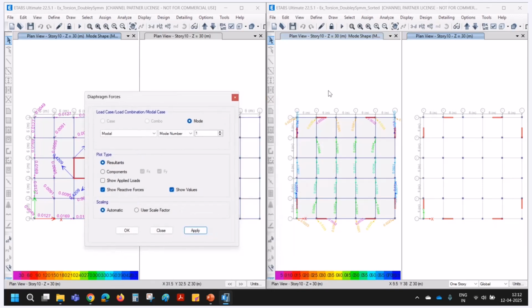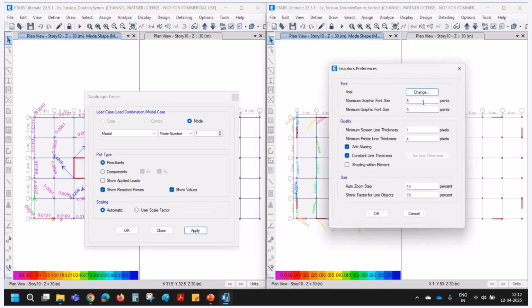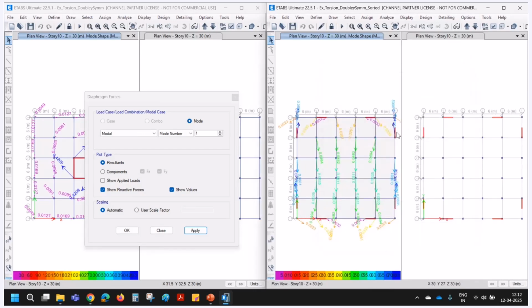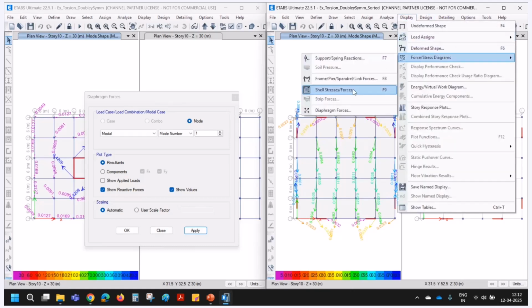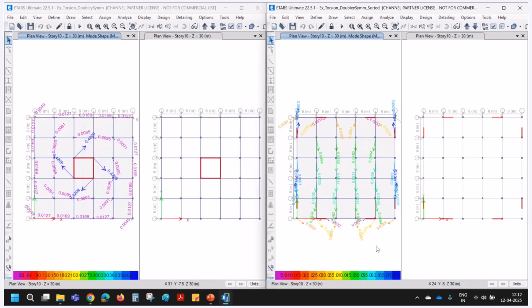And once it is sorted, mode 1, doing the same, close these.